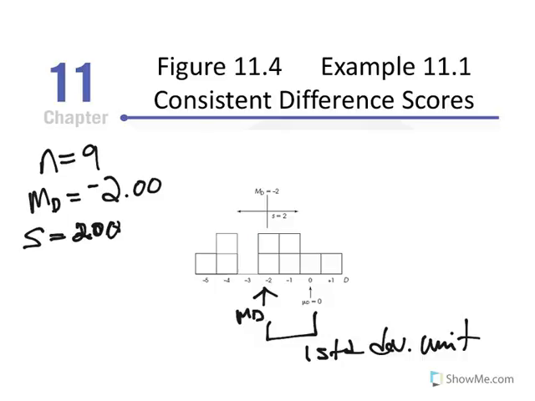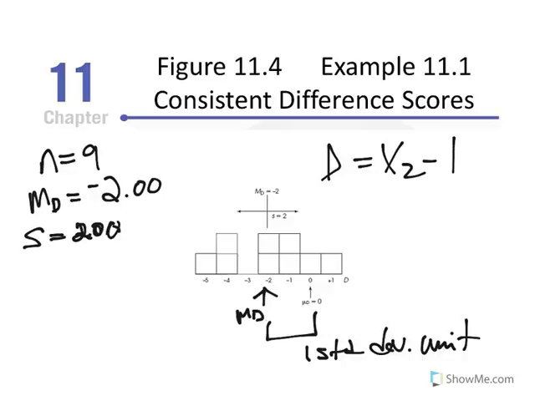These are difference scores, condition 2 minus condition 1. That distribution of scores is illustrated here, and those scores are concentrated more closely around the mean difference equal to -2, as opposed to the hypothesized population mean difference, which is equal to 0.